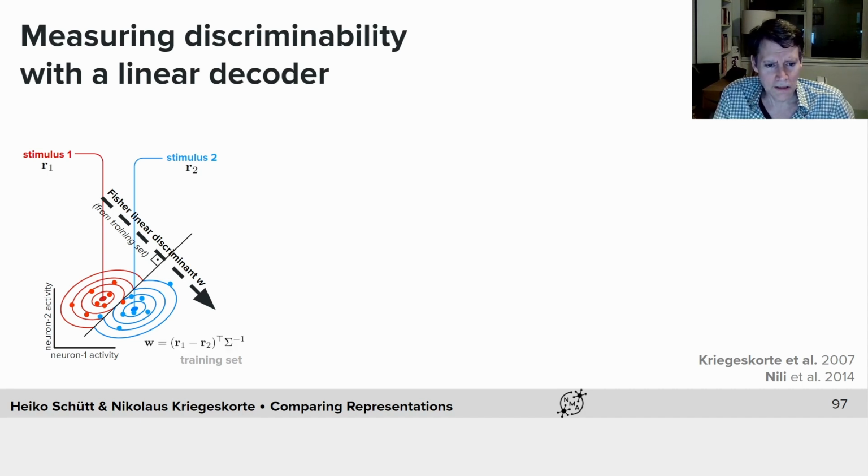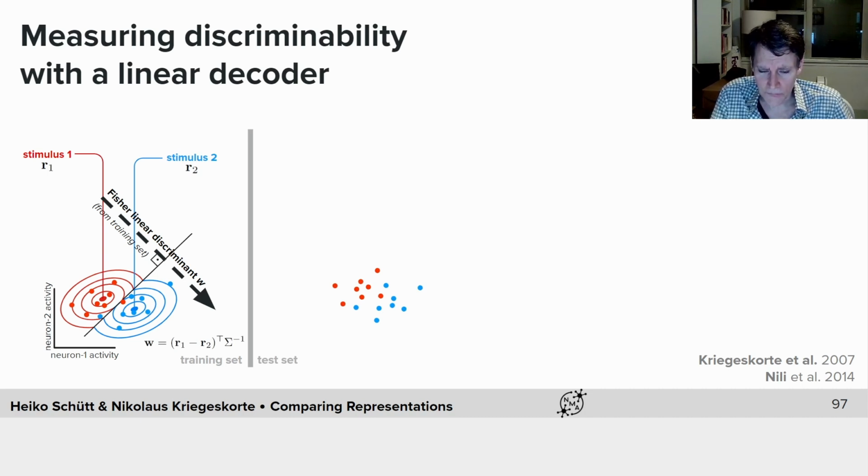So what we do in this case, of course, is cross-validation. We take a test set where we have measured responses to the two stimuli again, so we have independent data, and then we have two distributions again. If we estimated them from the test set data, we'd get slightly different means, and we'd get a slightly different pooled covariance.